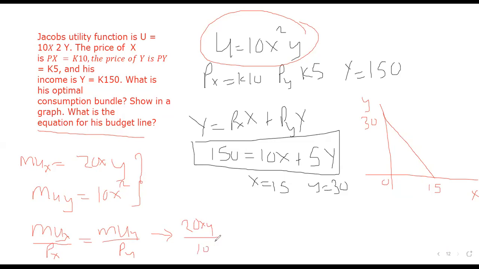Then our MUy is 10x squared over the price of y, which is 5. So cross multiply: 100x squared on one side, and here we're going to have 100xy.